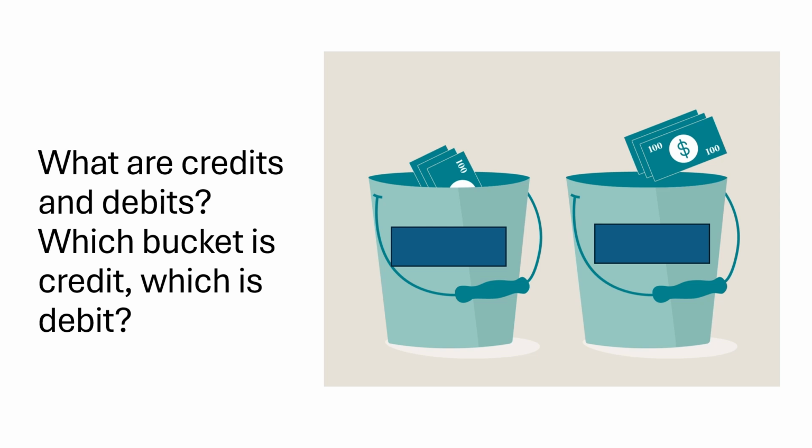So debit, in this case the left bucket, is money coming in, which increases cash and increases assets. This is debit. The second one, the right bucket, is money going out, which increases liabilities.